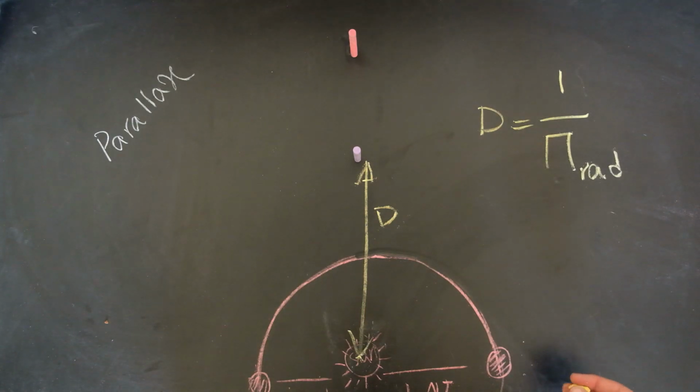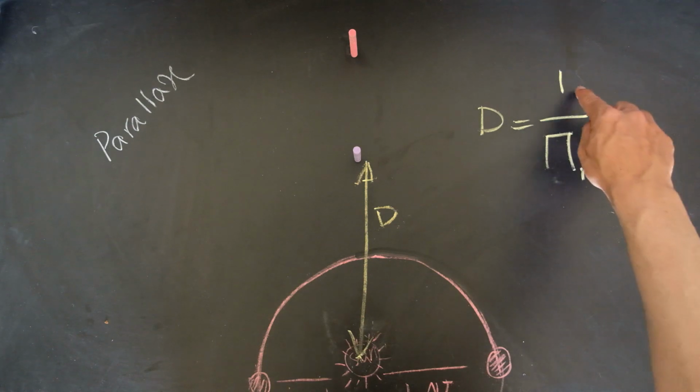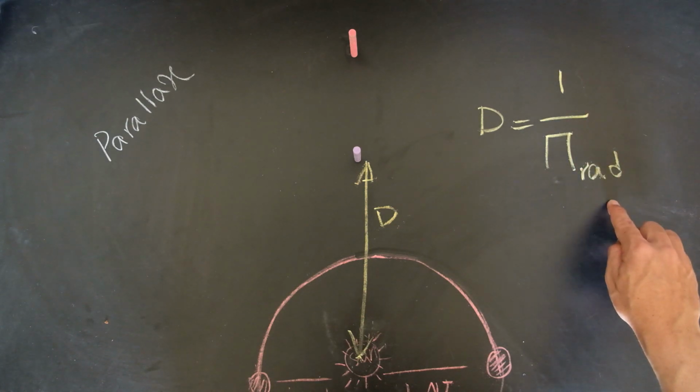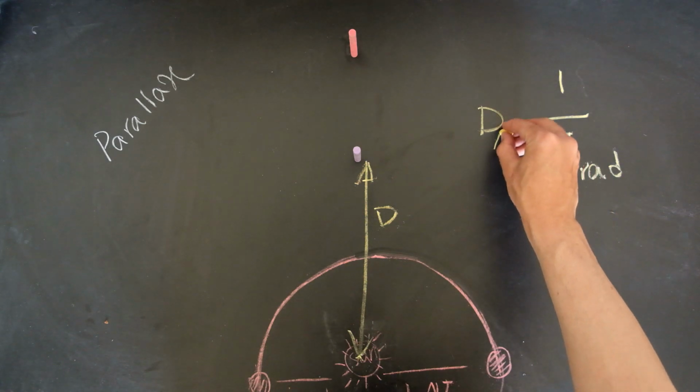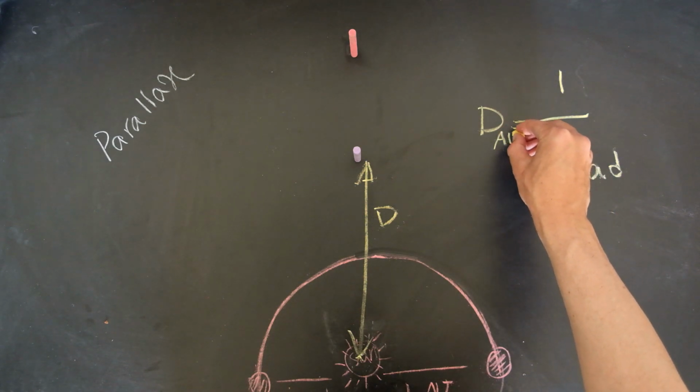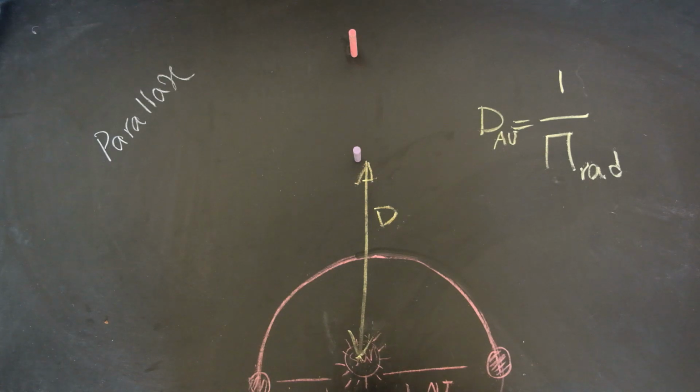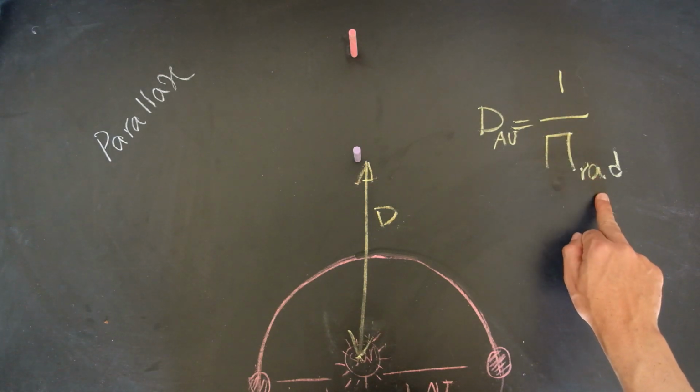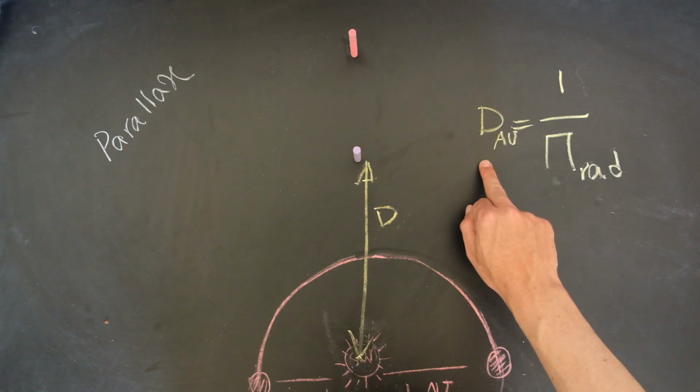So this is 1 AU divided by parallax angle in radian, so it means this distance is in AU. So this is one way. If we have parallax angle in radian, we can calculate distance in AU.